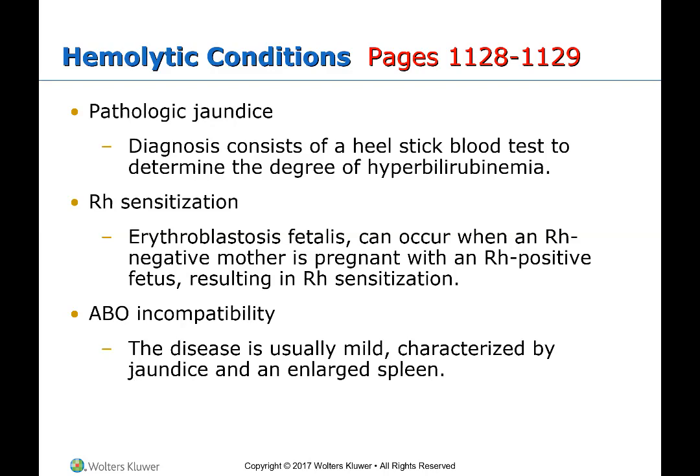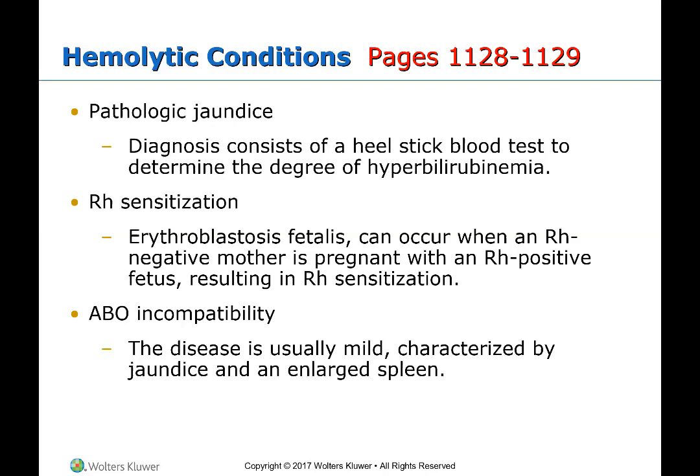So when we talk about the incompatibility, the newborn's red blood cells are positive for A or B antigens, or both of them, and the mother's red blood cells are usually negative for both of these. So more common, and in both of these, the woman builds up antibodies against the antigens from her own fetus. So good to kind of look through that.